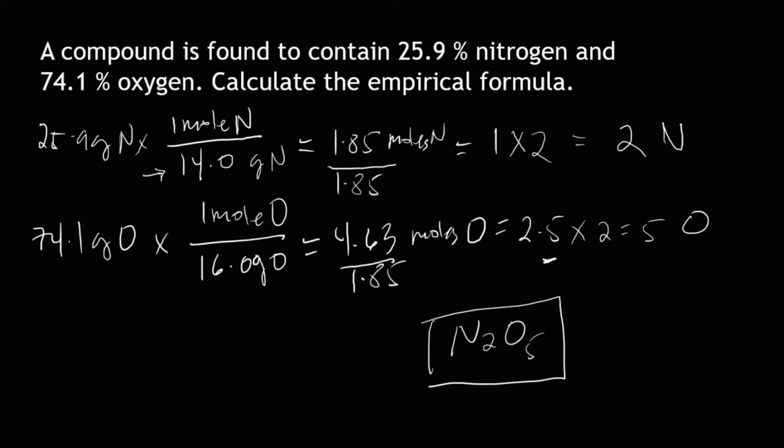Again, we multiply both numbers because we want to remove the decimal, the excess 0.5, which is why we chose to multiply by 2.